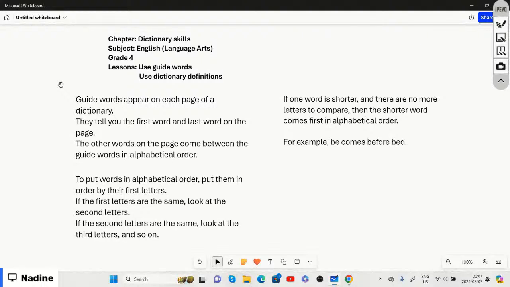Not necessarily all the words, but they will tell us the first word on the page and the last word on the page. And every other word that comes in between alphabetically is then written down, or it is there.